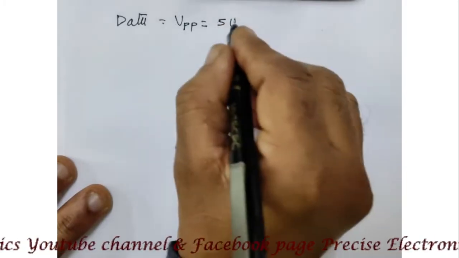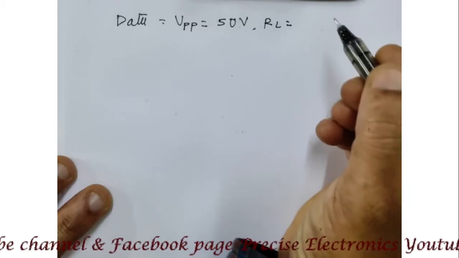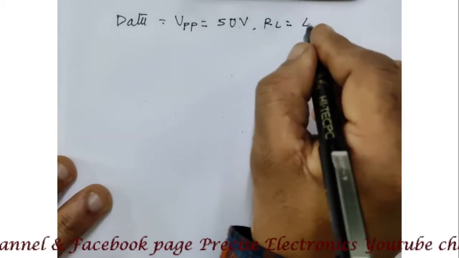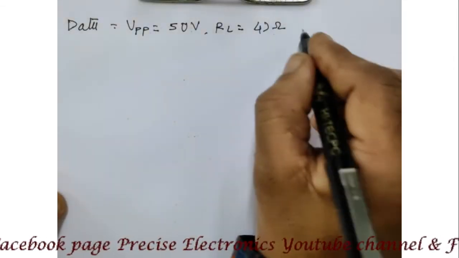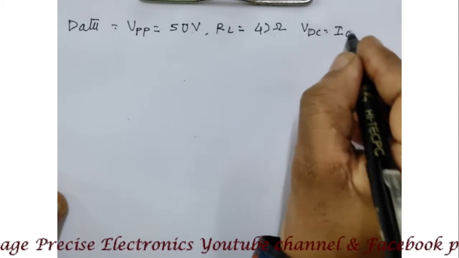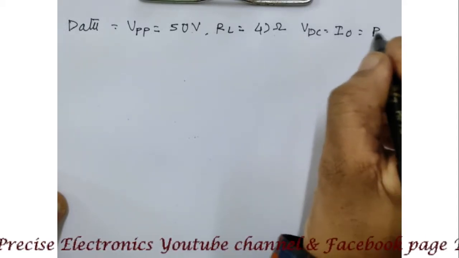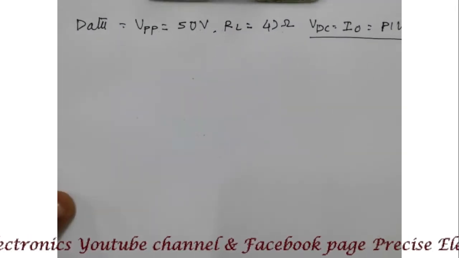Secondary voltage, that is 50 volt. Then RL is given, that is 47 ohm, and we have to find out VDC, then IO and PIV. We have to find out VDC, IO and PIV.